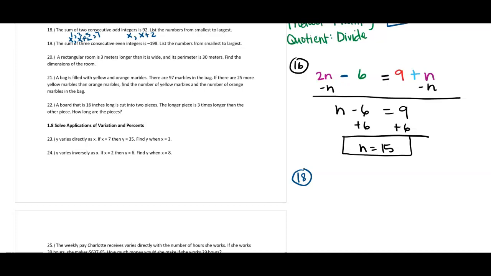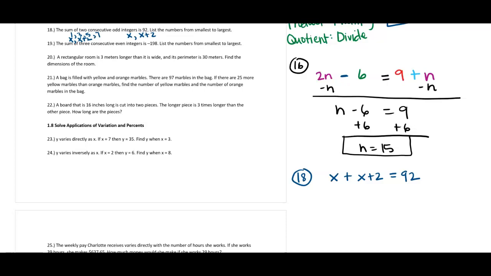But we said, okay, the sum of those two things, so x plus x plus 2, is going to equal 92. So there's our equal sign and then 92. And then let's combine our like terms together.